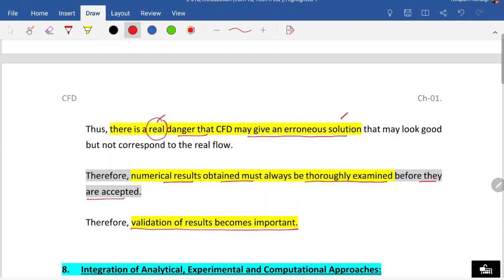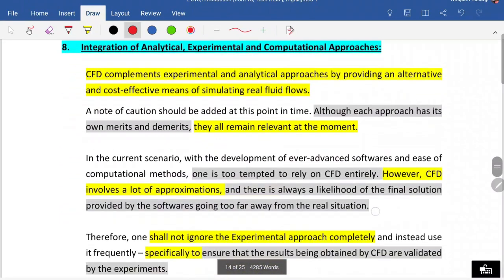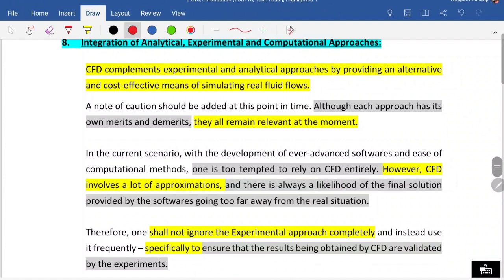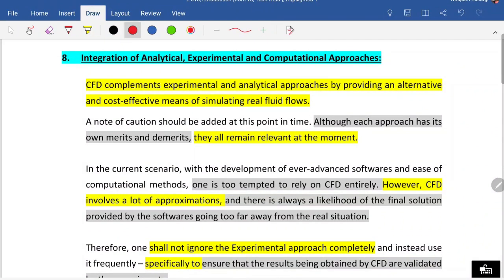If somebody has to enter into CFD, he should think of devoting his whole life to it, because you grow as you work on it. But if you are thinking that I have solved one problem and I know CFD, then sorry, you don't know. So that is why all these approaches become important, because none of them is perfect.